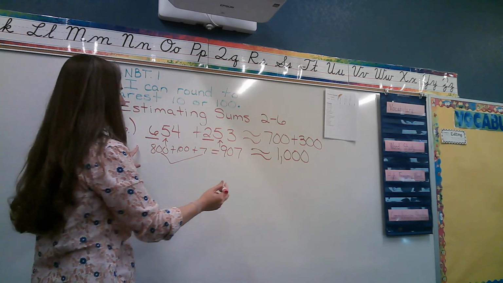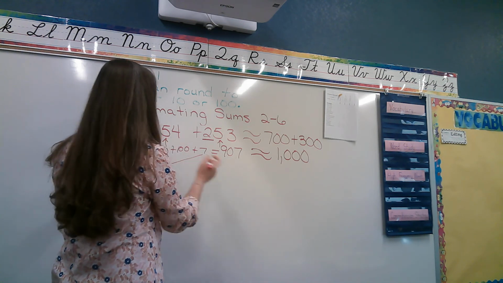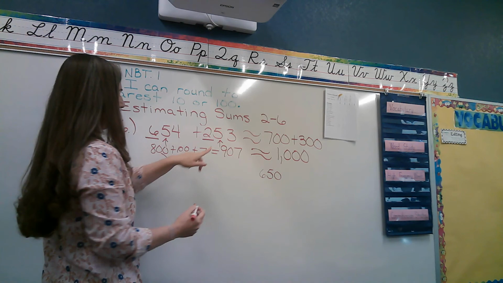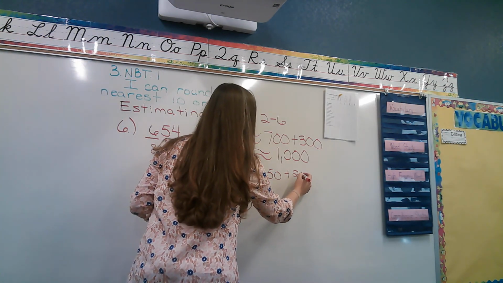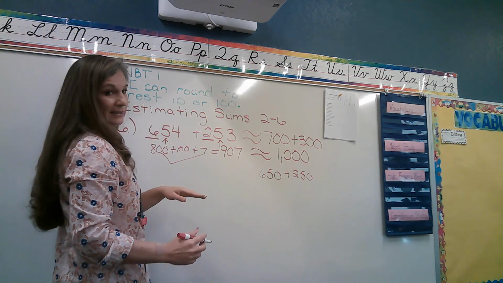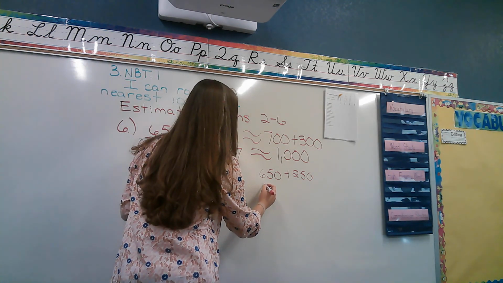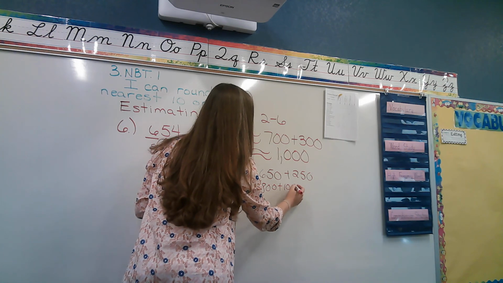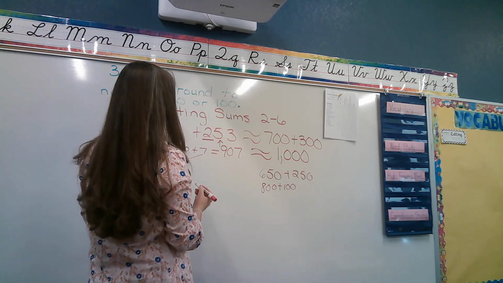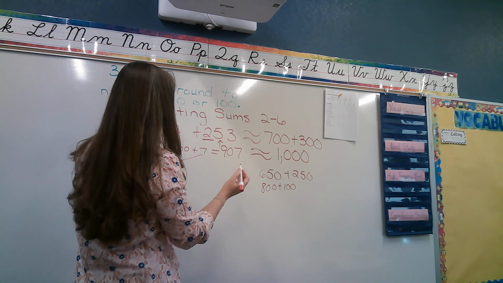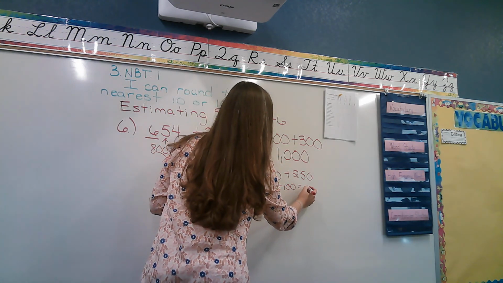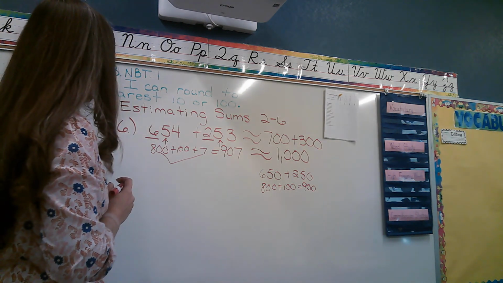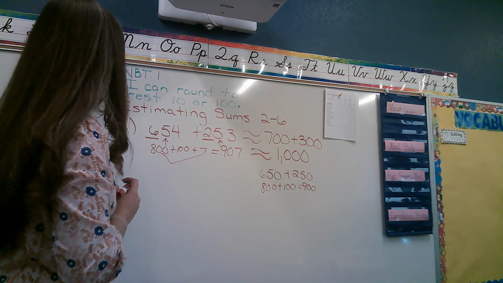So if I were to do that real quickly, 650 would be my rounded number to the closest 10, and 250 would be my closest 10 there, and this would be 800 plus 100, which would be 900.